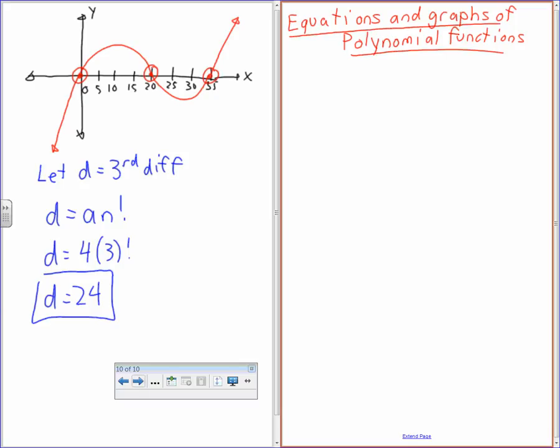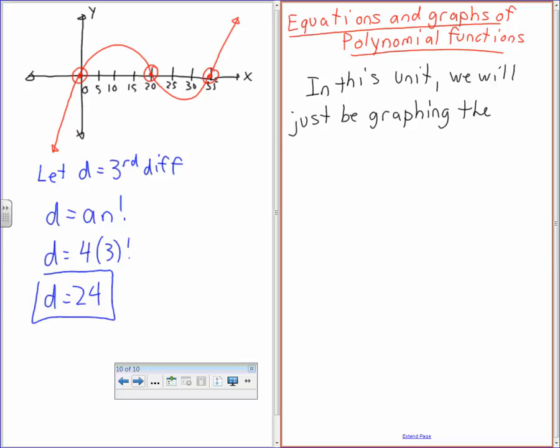In this unit, we'll just be graphing the x-intercepts. Remember to use end behavior.